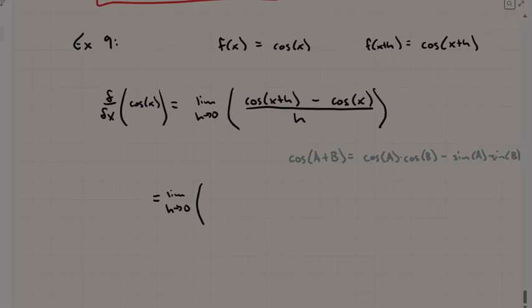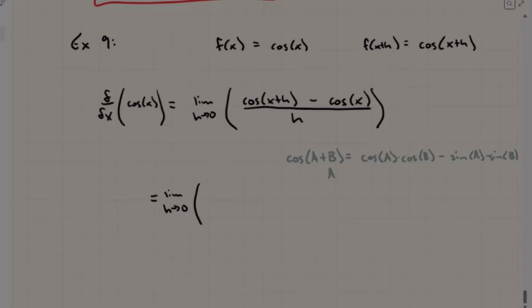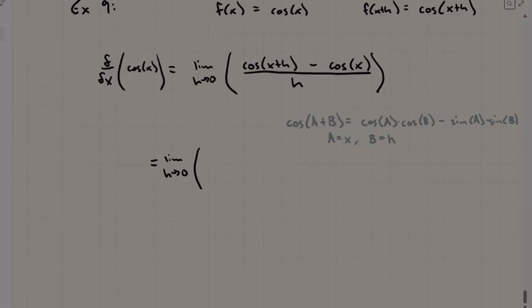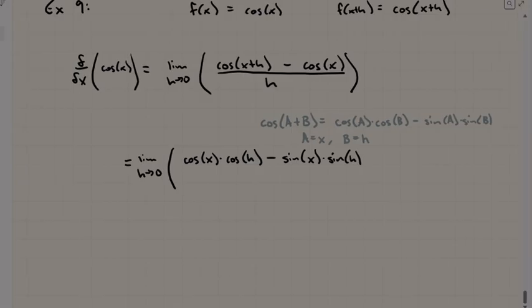For the cosine of x plus h, now, right, we're going to use a equals x and b equals h. And so then that's going to give us cosine x times cosine h minus sine x times sine h. And then that's going to be minus cosine x, divided by h.